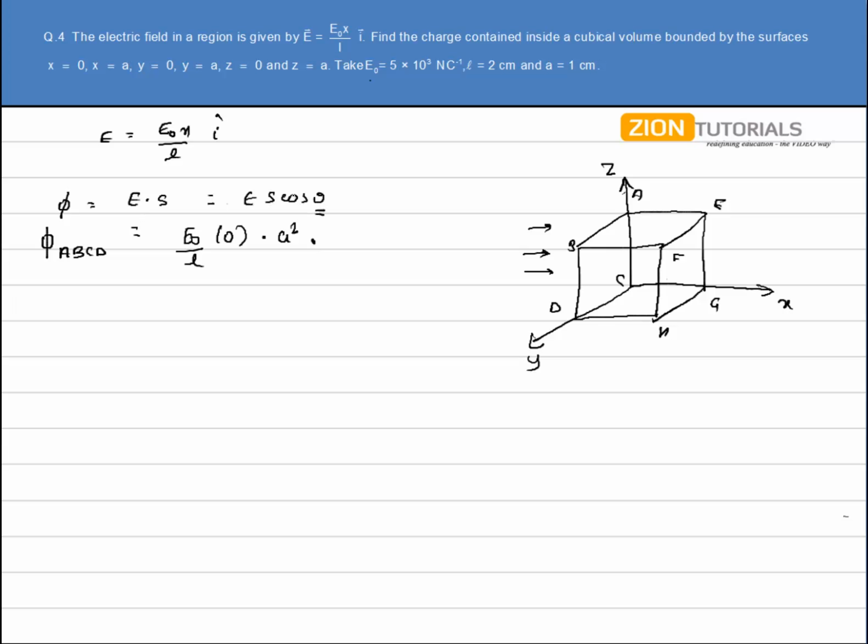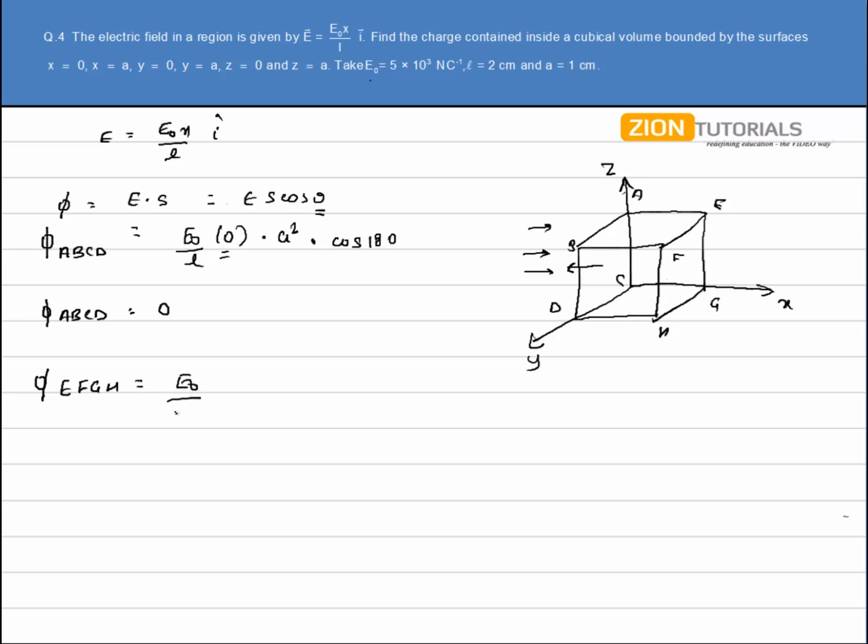Here theta is the angle between the electric field and the area vector. Since the area vector of surface ABCD is in this direction, the angle is 180, so it will be cos of 180. But nevertheless we are having 0 over here, so the flux that is passing through the surface ABCD is 0.